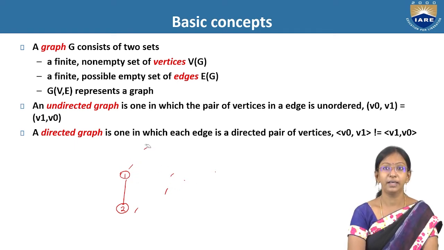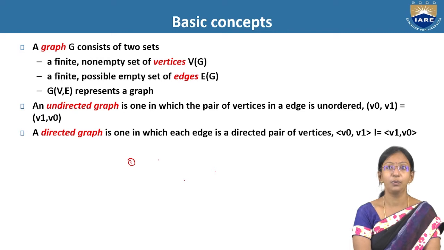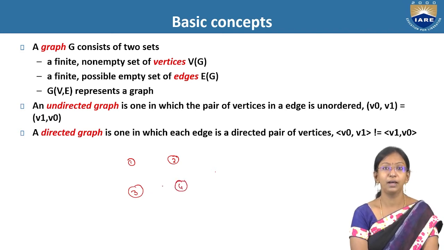Coming to the second category of non-linear data structure, which is a graph. Let me give a small picture of the same. Say 1, 2, 3 and 4. These 4 are known as nodes or vertices.